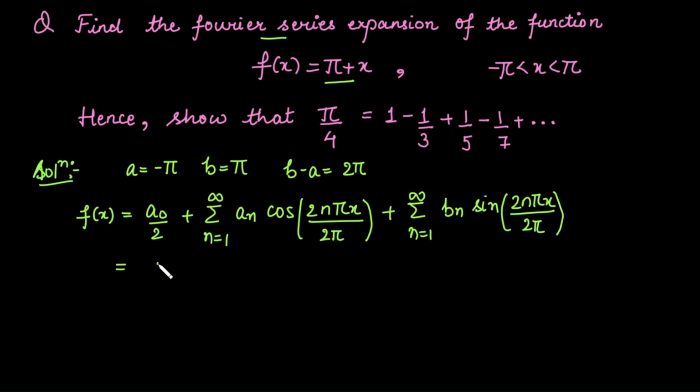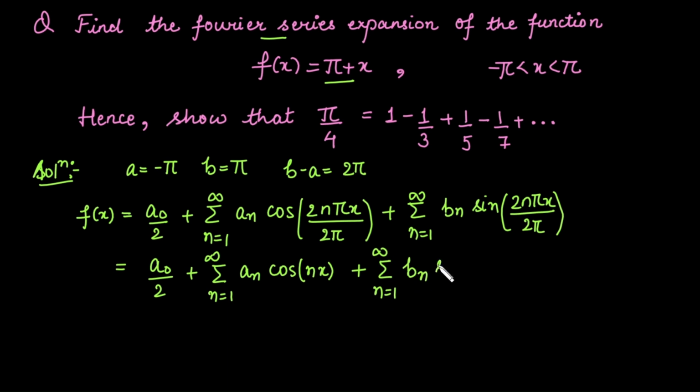Simplified form of this one is a naught by 2 plus summation n from 1 to infinity an cos of, 2 gets cancelled with 2 pi, with pi, so we have n into x, plus summation 1 to infinity bn sine of n into x.